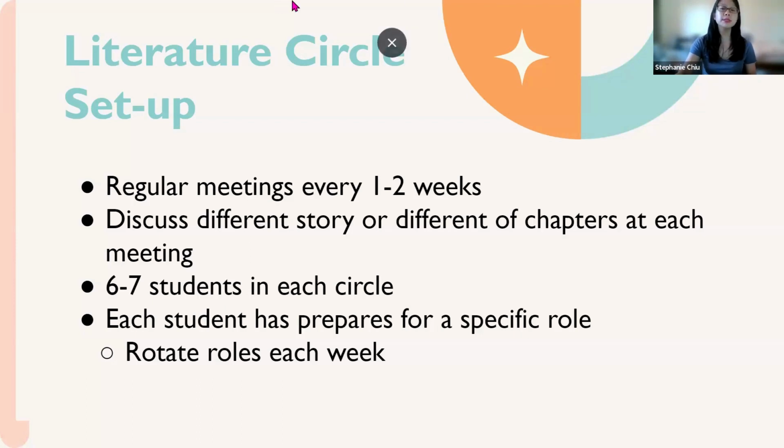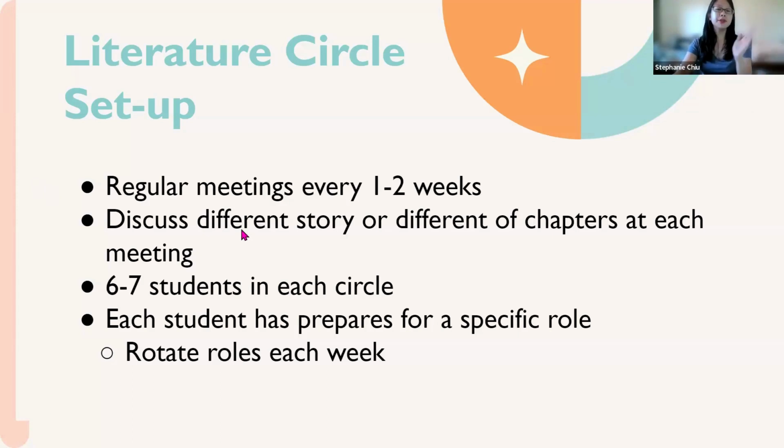It allows for you as a teacher to provide instruction in between the meetings that can then be applied to the next meeting. And each meeting is close enough to each other that the students can recall the last meeting, apply feedback, and learn from their mistakes from the previous meeting to the next one.